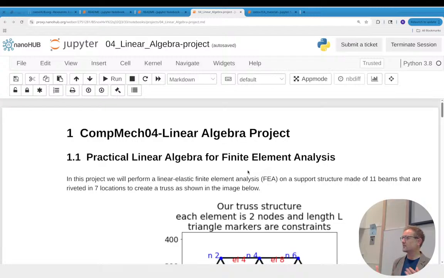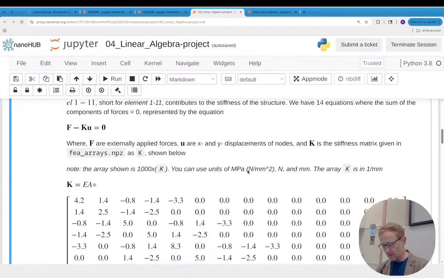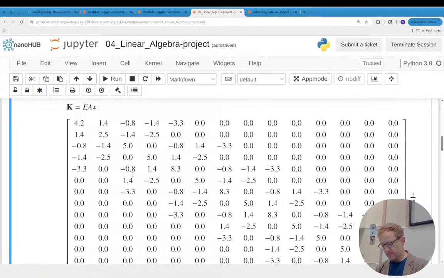I mean, we're kind of doing material property because we're setting what Young's modulus is, but we're not doing any of the geometry building or the mesh. Everything that has to do with the material is jammed into this giant K matrix. So we have a 14 by 14 matrix that tells us how hard it is to move every element in X and Y directions.